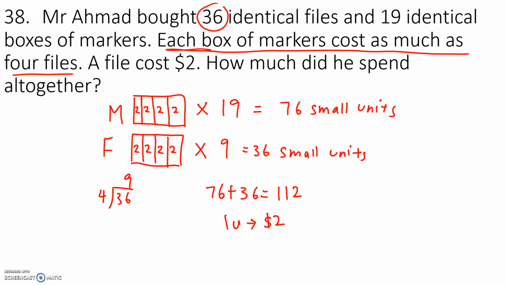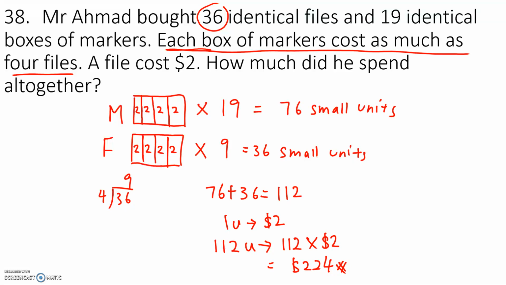So a small unit is $2, and this person actually bought a total of 112 units, which is made up of the big marker times 19, which is 76 small units, and 4 small units times 9, which gives 36 files. So total 112 units multiplied by $2 would give you the answer for how much he spent, which is $224.